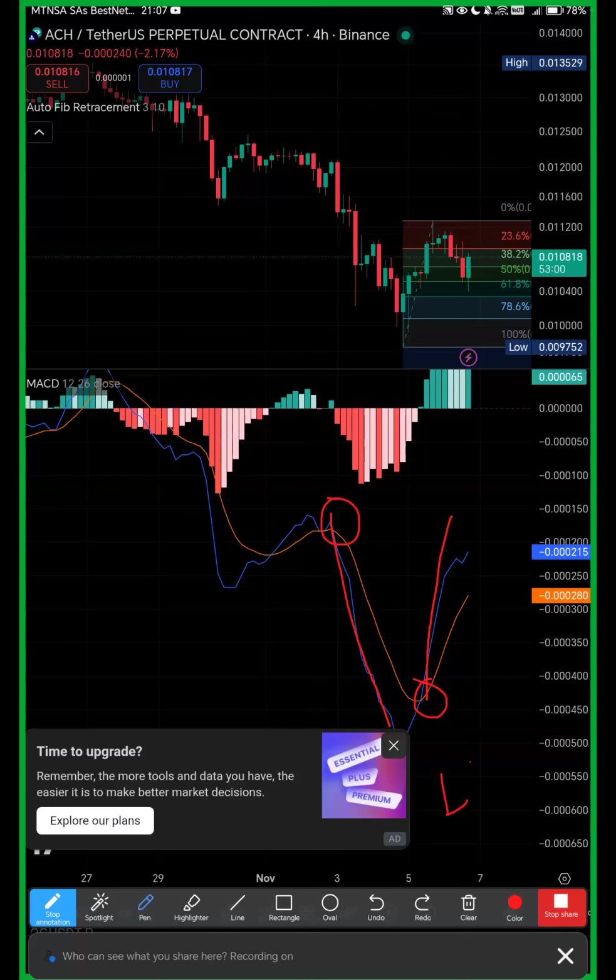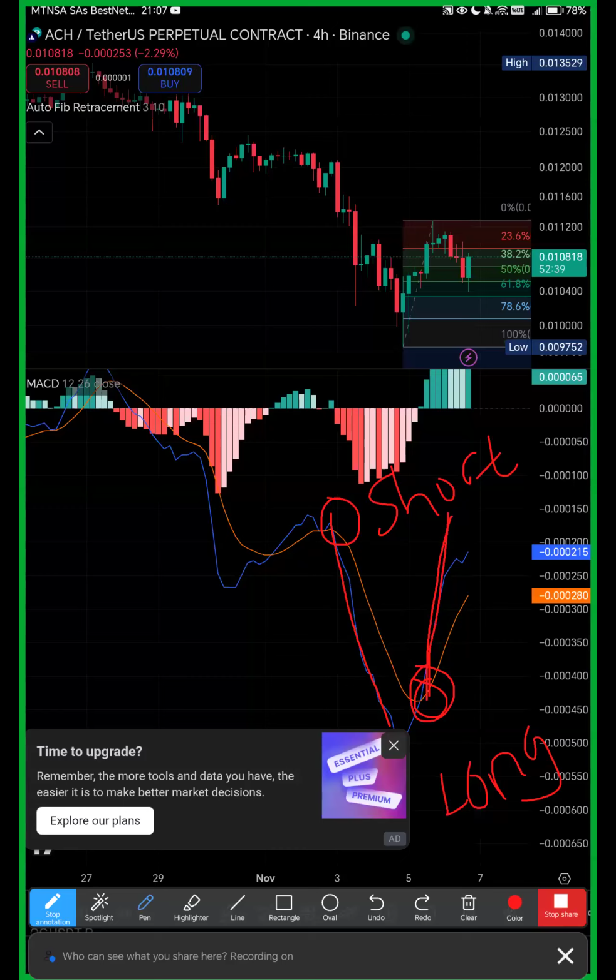You are longing the market here. Here you are shorting the market. If you are a spot trader trading in the spot market, you are only going to focus on golden crosses, where the market is going upward.